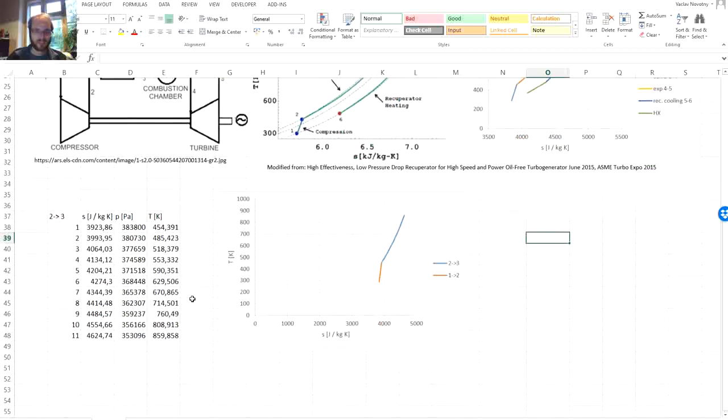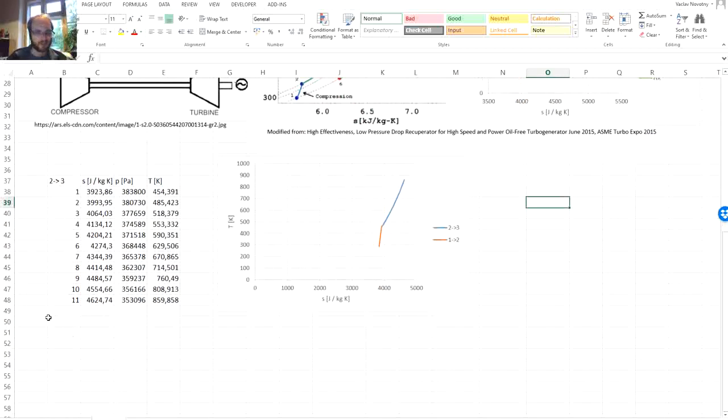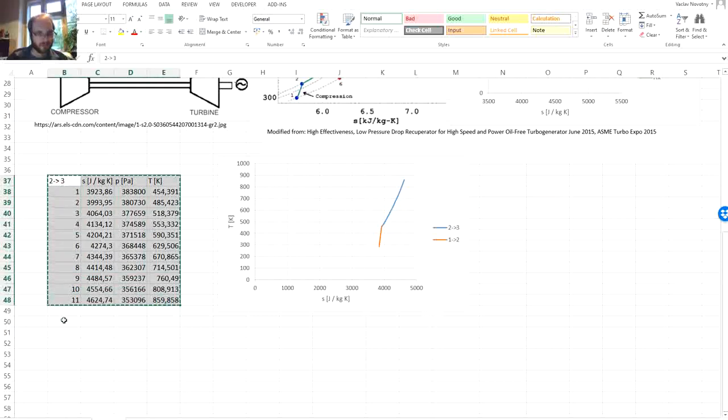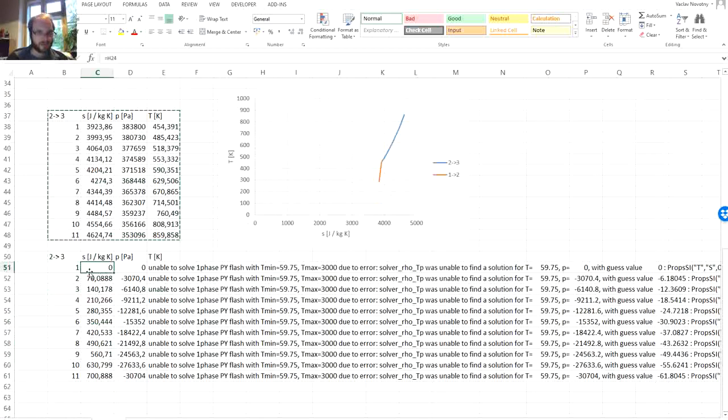Now in the same manner as we had change 2 to 3, we can also make change 3 to 4. So I will help myself in here. Just 3 to 4.